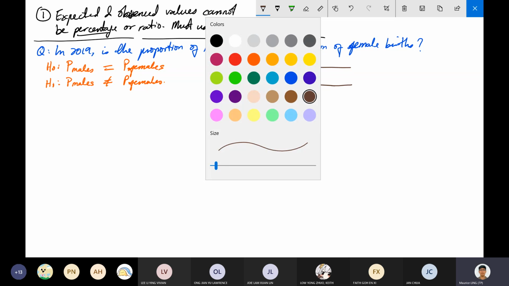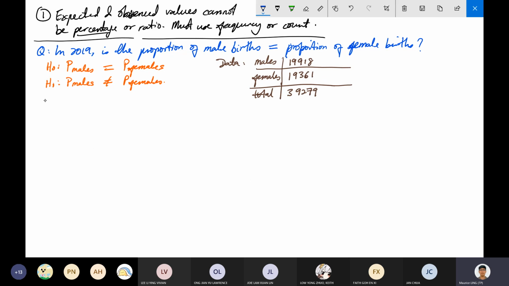So let's look at situation number 1. If we use count, in fact here we can actually do our critical value already. Our critical value is chi-square 0.05, degrees of freedom 1. So that gives you 3.814. So let's highlight this. This is our critical value.